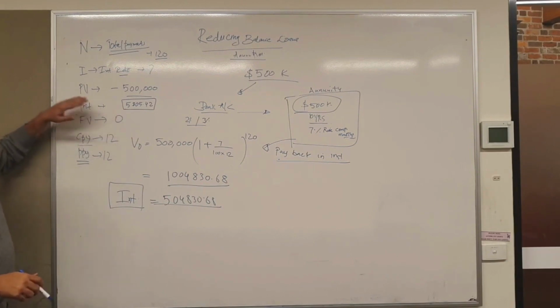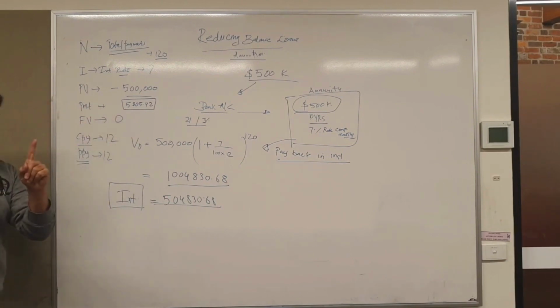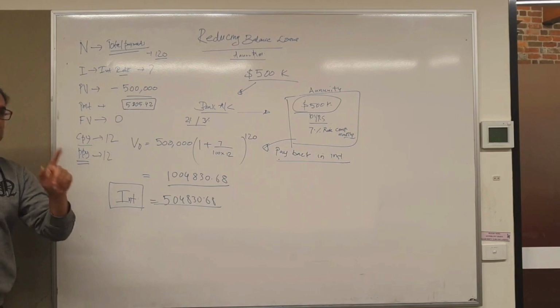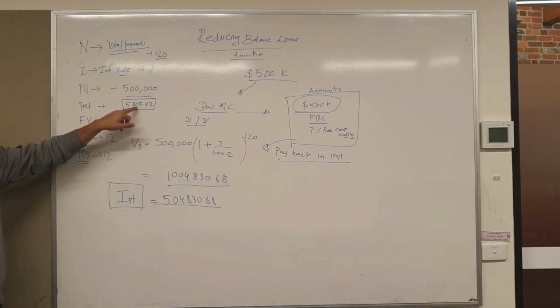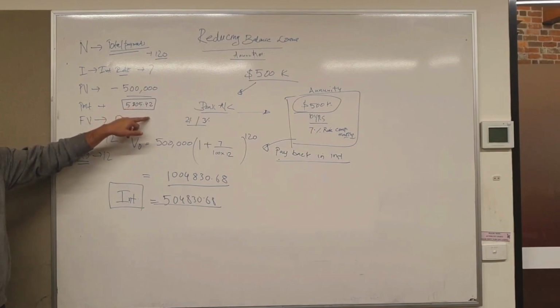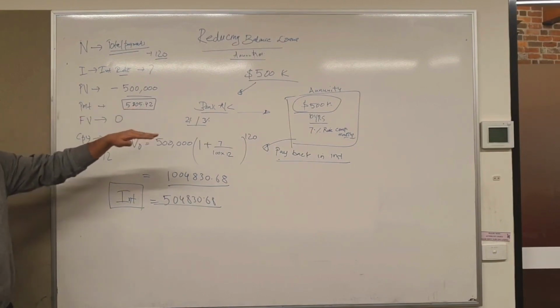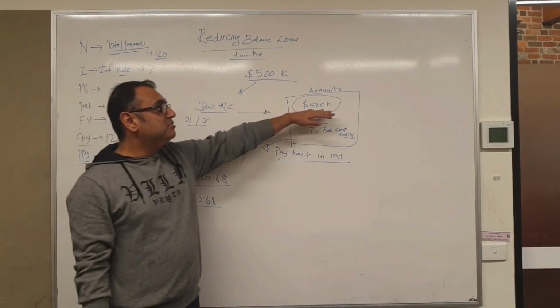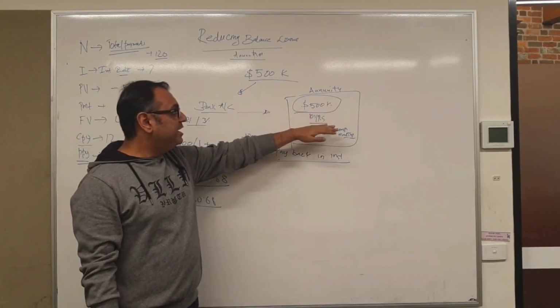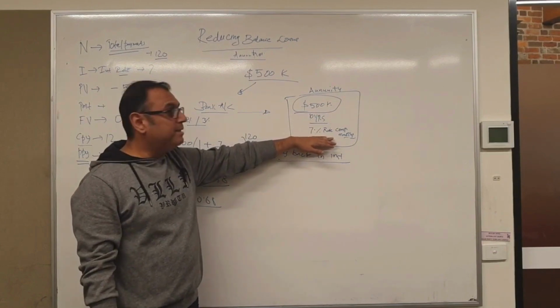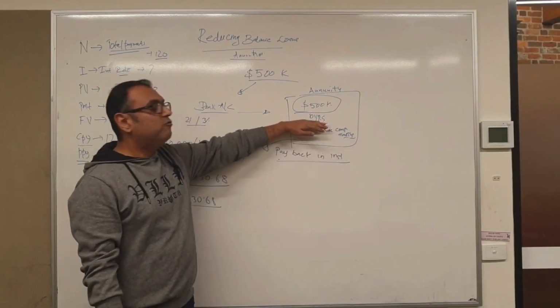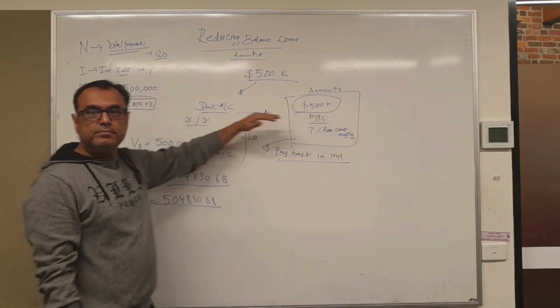So what does that mean? This means that his monthly payment for the next 10 years is that amount. So he will receive $5,805.42 every month if this guy invests 500K at a rate of 7% per annum compounded monthly for the next 10 years.